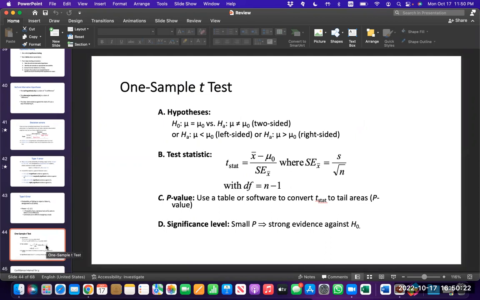So now we're getting to the actual methodologies of hypothesis testing. Here we have the one sample t-test, where we have hypotheses to be put forward. It is important that you understand the difference between two-sided, left-sided, and right-sided, one-sided tests, which essentially follow the same outline, but you need to understand in which direction you're posing your question.